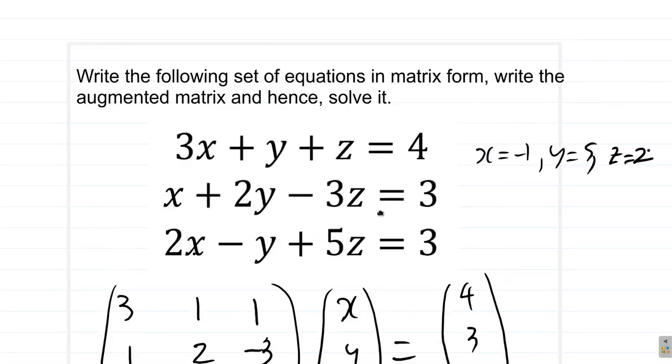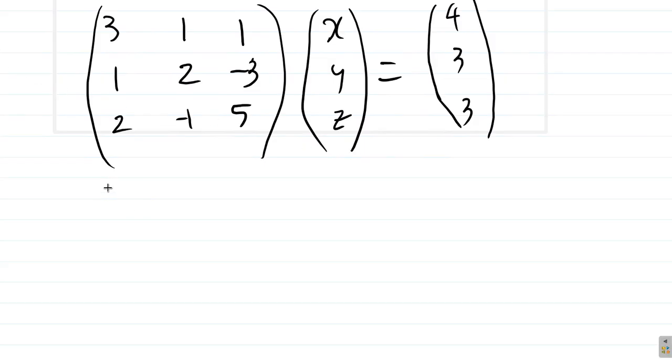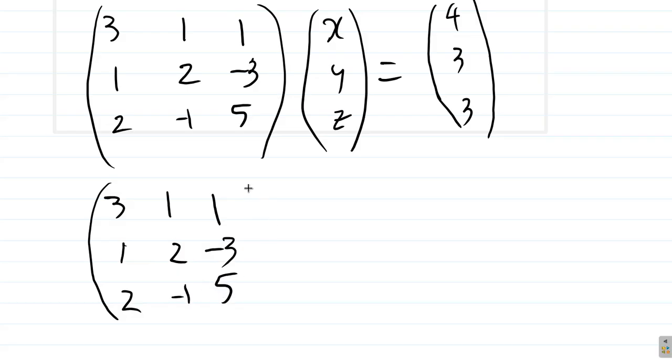Then the question asks you to write the augmented matrix. In that case, that would be 3, 1, 1, 1, 2, -3, 2, -1, 5, vertical line, 4, 3, 3.